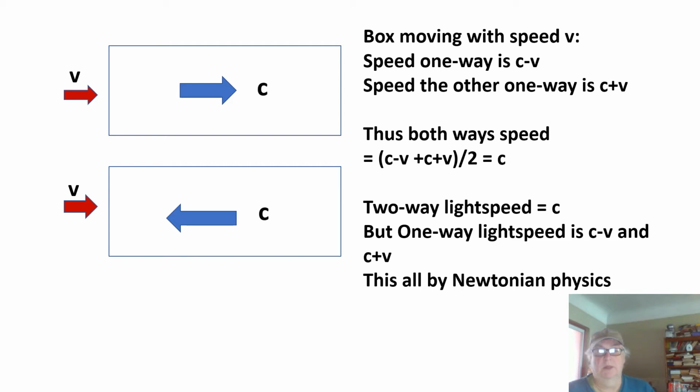As for the both-way speed, it's c minus v plus c plus v, and then divide it all by 2 and you have c. So the two-way light speed equals c. But the one-way light speed is c minus v and c plus v. This is all by Newtonian physics.